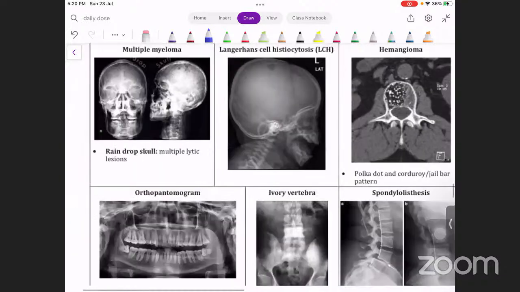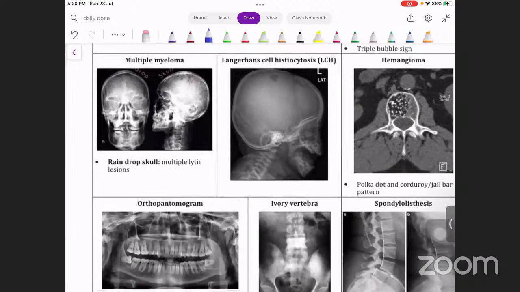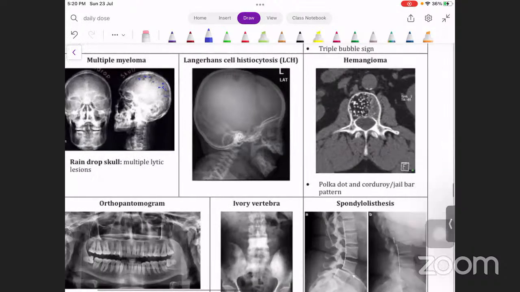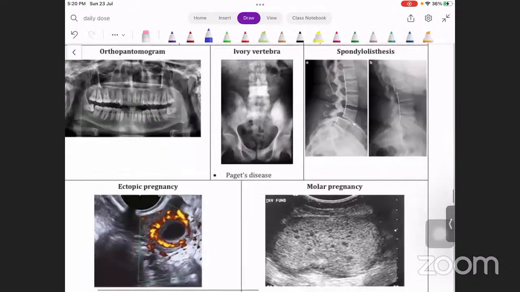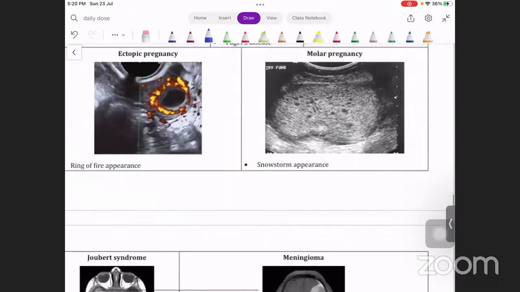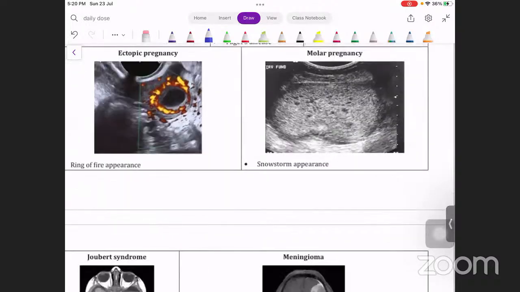And apart from that, you may see the raindrop skull, which is multiple myeloma, or punched-out lesion, which you may see here. And apart from that, ivory vertebra, Paget's disease. Ring of fire appearance, ectopic pregnancy.